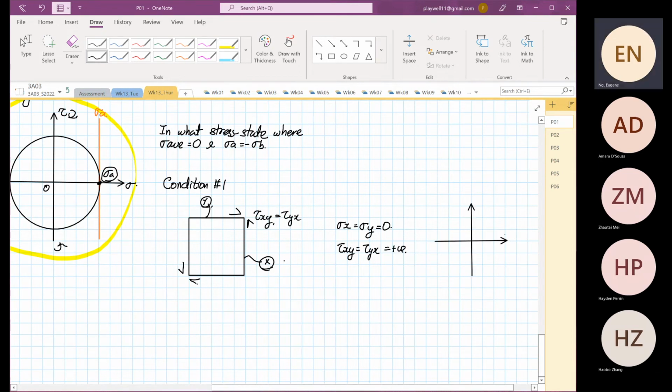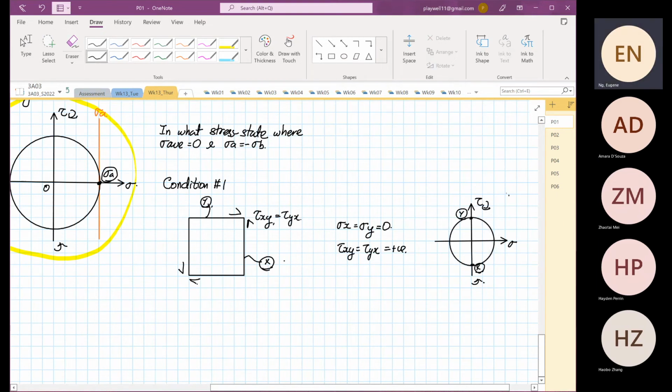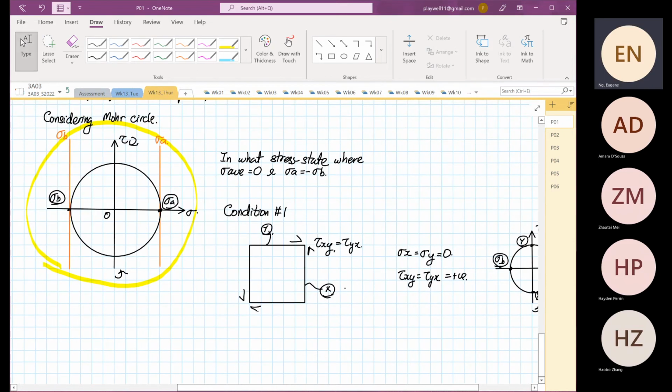So at point X, the element is rotating anti-clockwise, and at point Y it is rotating clockwise. When we draw Mohr's circle, it looks like this, where this is our stress A and this is our stress B, exactly the same as what we have over here.